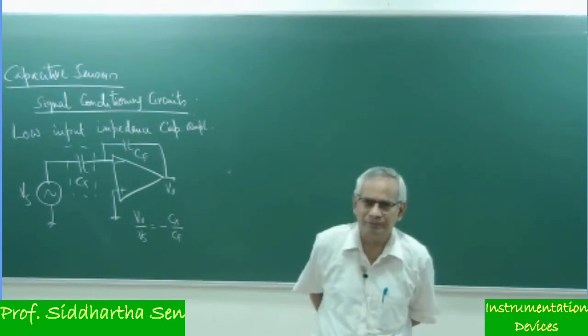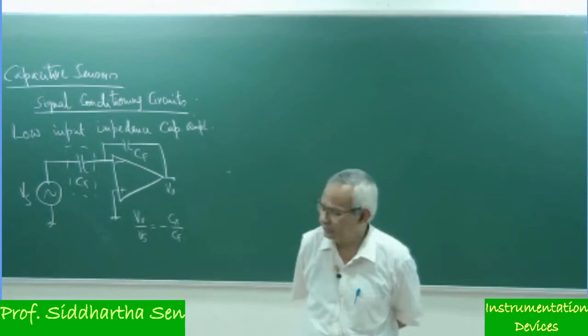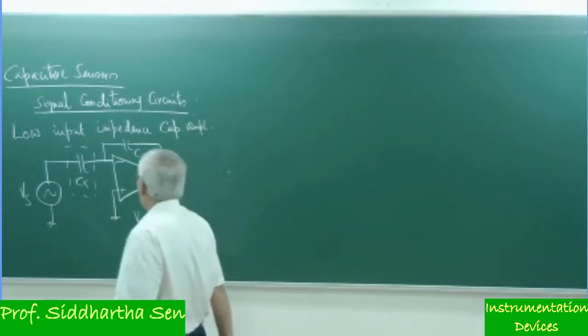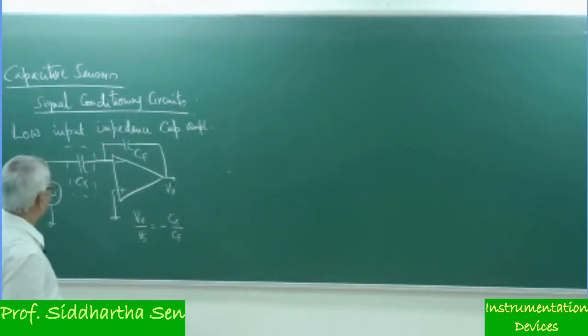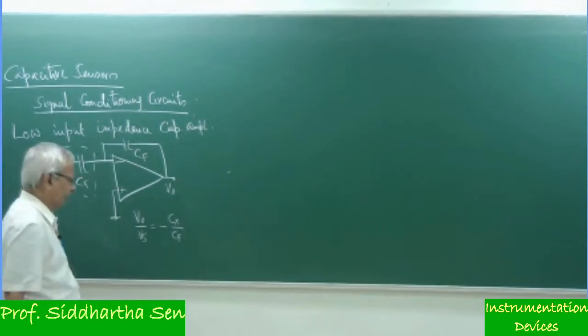The basic and simplest scheme is shown in the figure, where we use a simple op amp. Obviously, we are considering an ideal op amp, and two capacitances. Instead of resistance, we use two capacitances Cx and Cf. In that case, we know V0 by Vs would be minus Cx by Cf.